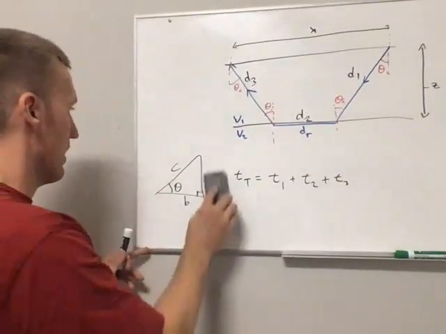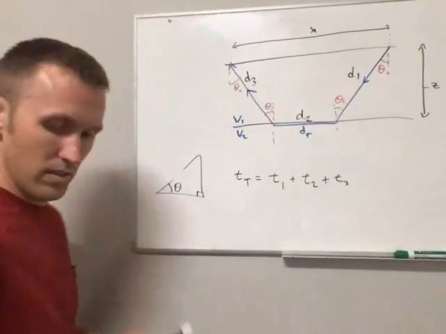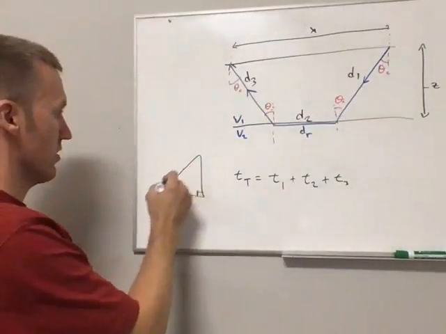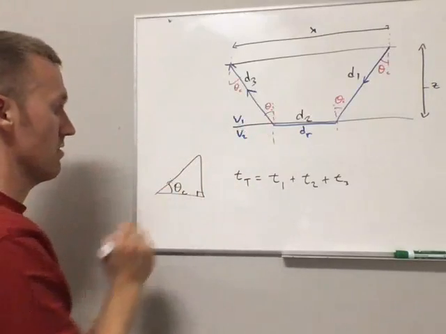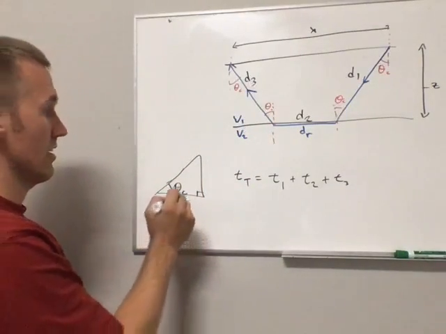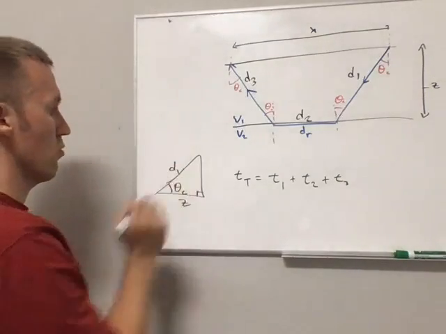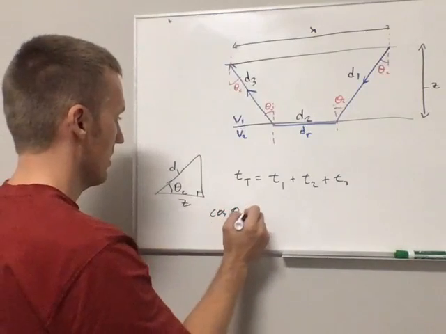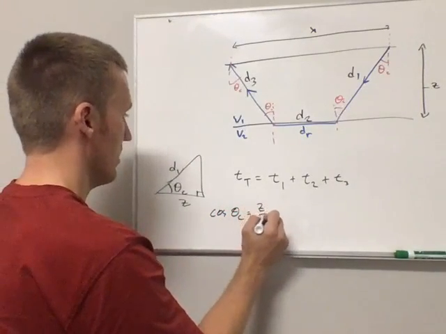If I rename these now, so we're kind of flipped, the right angle is here. This is going to be theta c now, and this is z, and this distance that we want is d1. Okay, so cosine theta c equals z over d1.